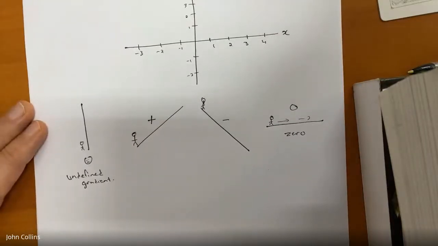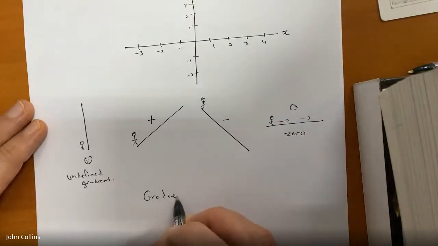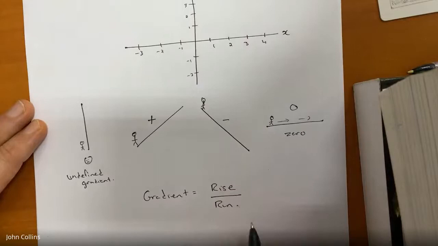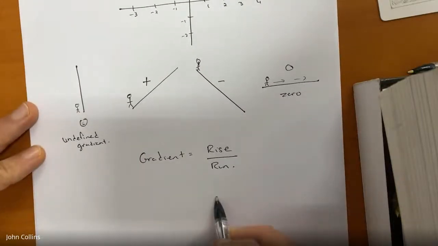Because gradient is a fraction. You count the rise and divide it by the run. So if it goes up a lot as it goes over only a small bit, that's going to be a very steep graph. But if it goes up a bit and it runs over a long way, so if you think about that, I just make a rise and run, like that.